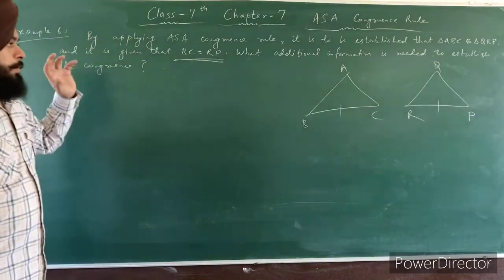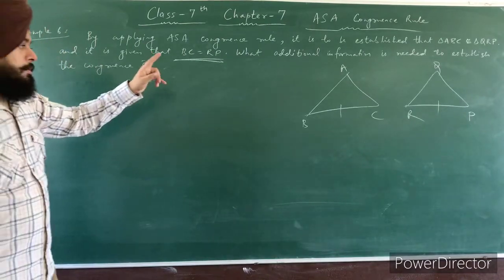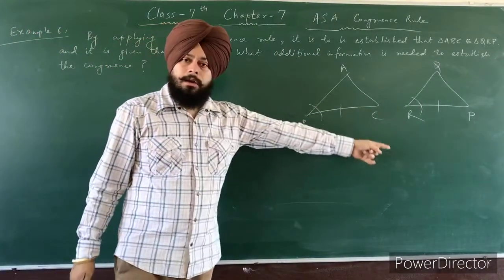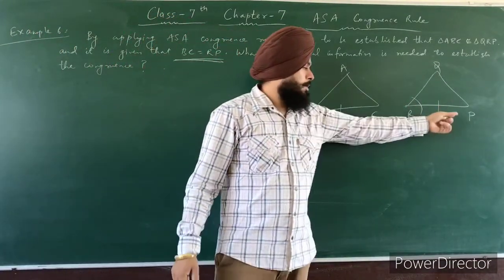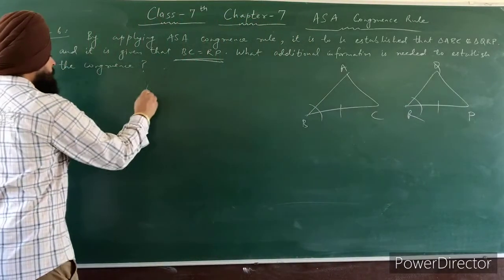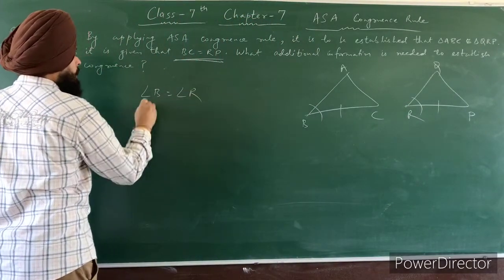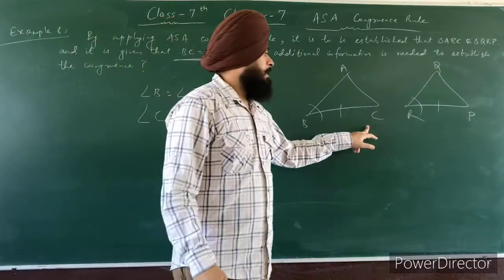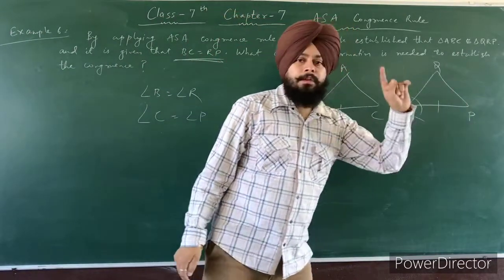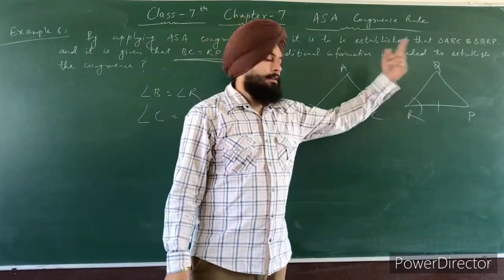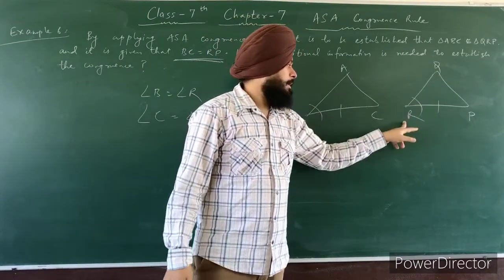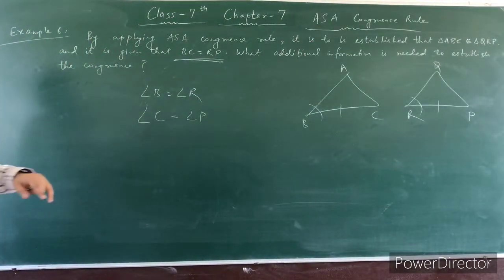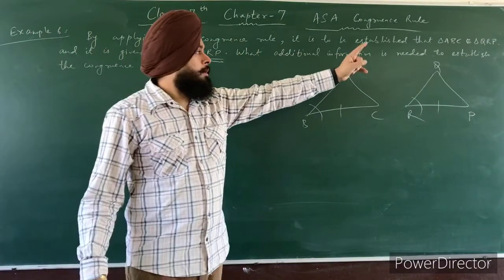So which two additional pieces of information do we require? The first is angle B is equal to angle R, and the second one is angle C is equal to angle P. Because side BC and side RP are included between angle B and angle C, and in the other triangle, side RP is included between angles R and P. That's why by the ASA congruence rule, triangle ABC is congruent to triangle QRP.